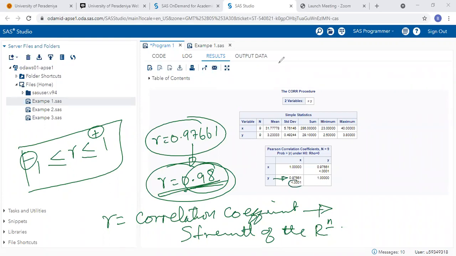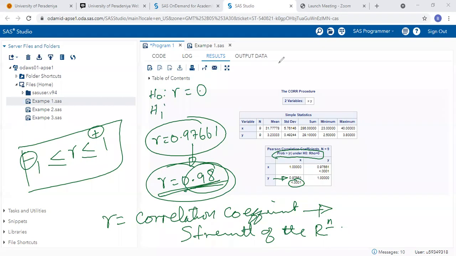The second point: automatically it is giving a hypothesis test. You see here the probability for the hypothesis testing. The null hypothesis is that R is equal to 0, which means there is no relation, closer to 0.